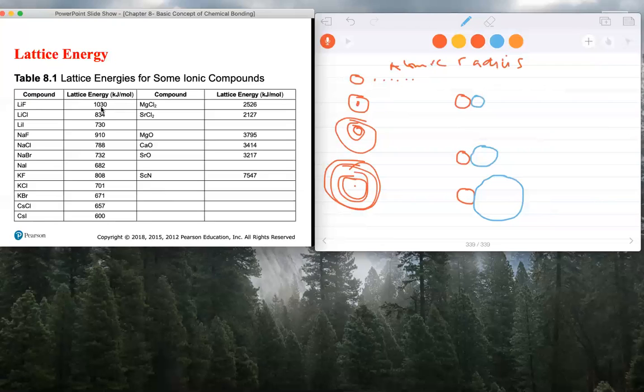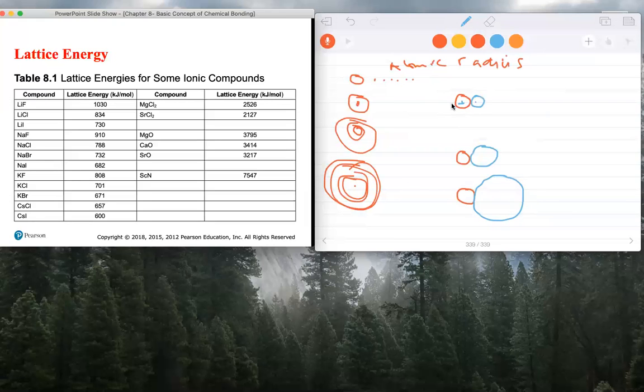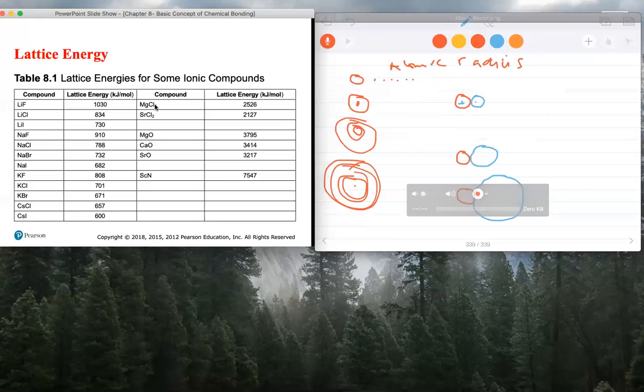It is hard to split apart because of the nucleus, and they tend to have a strong force. They are so close that it is hard to break them apart, and that explains this trend.